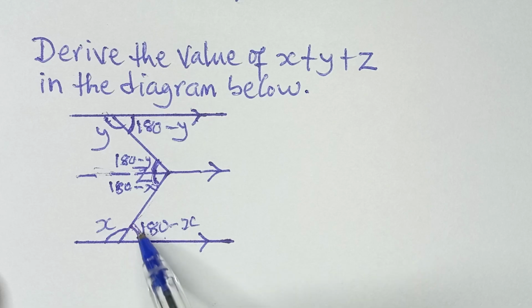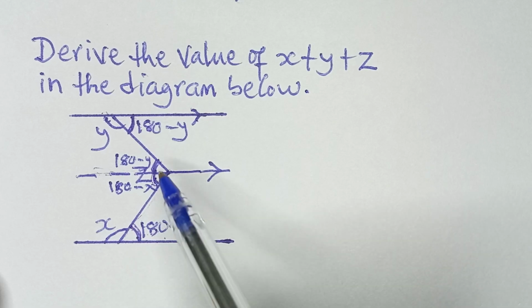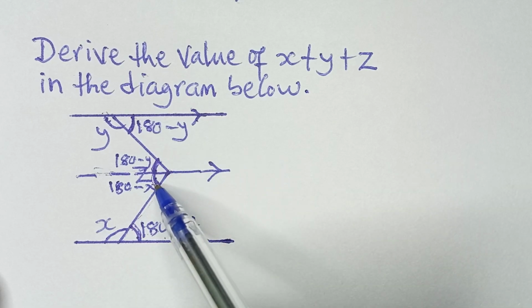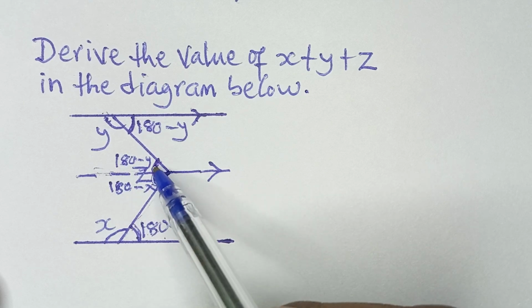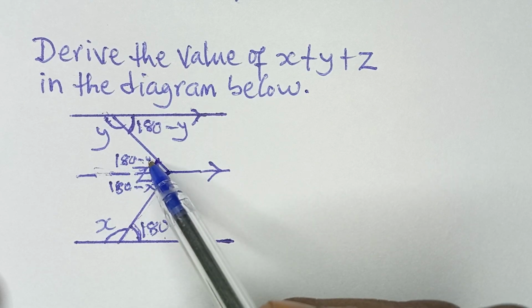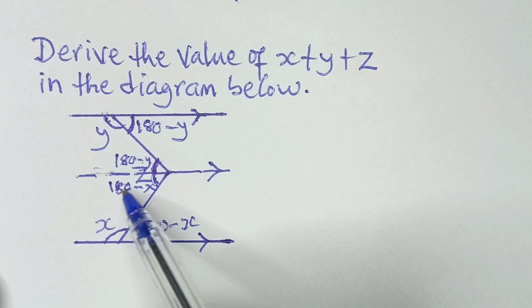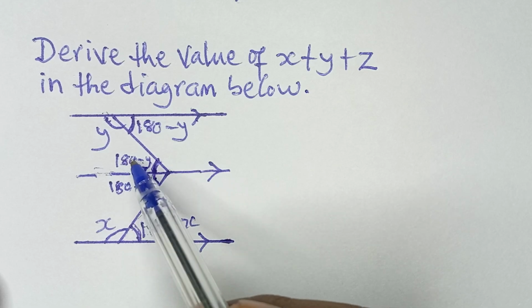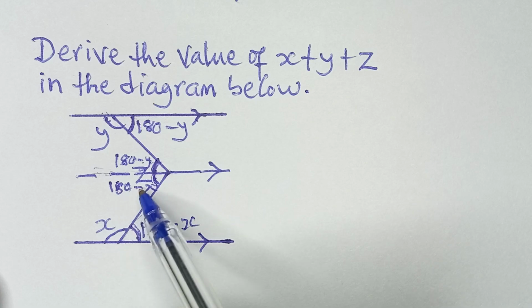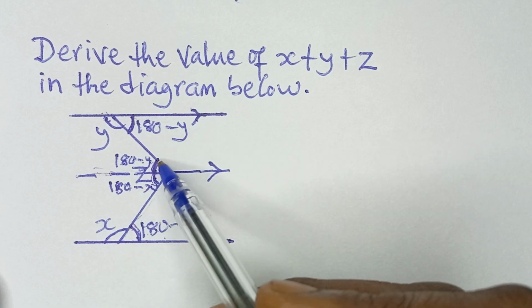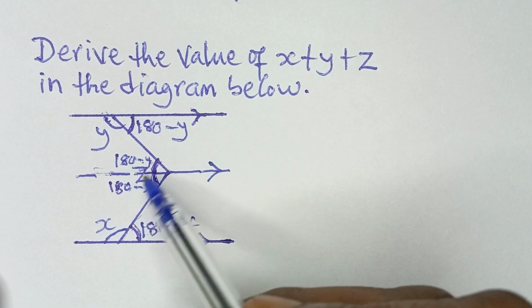You agree that the full angle here will be the sum of these two. This portion is 180 minus y, and this portion is 180 minus x. The total angle will be equal to z.